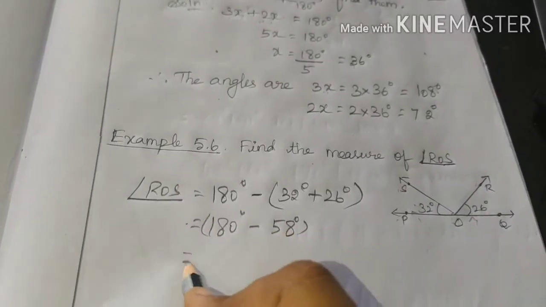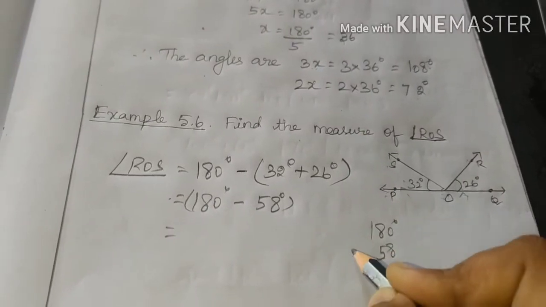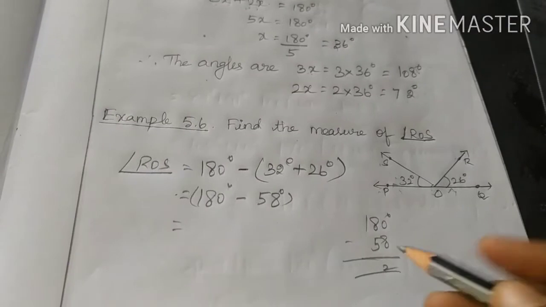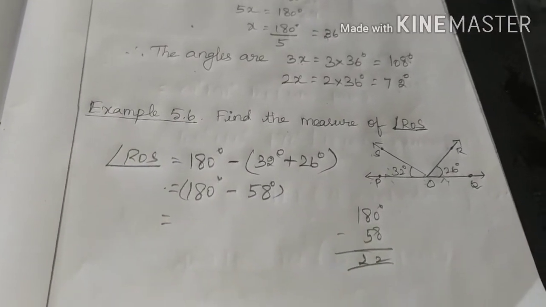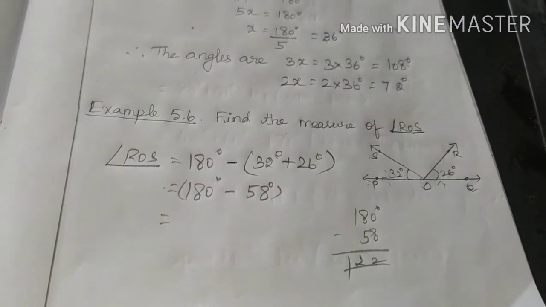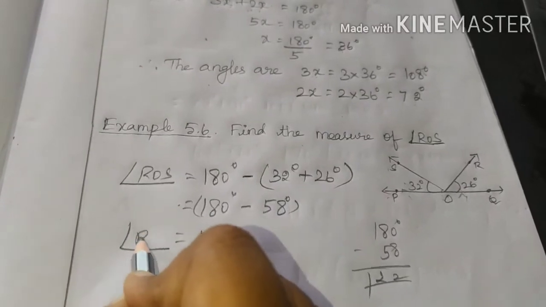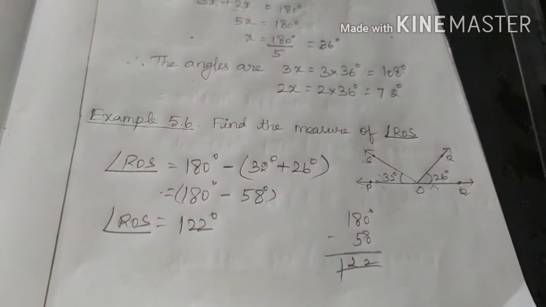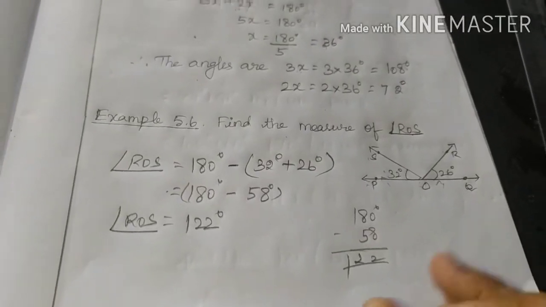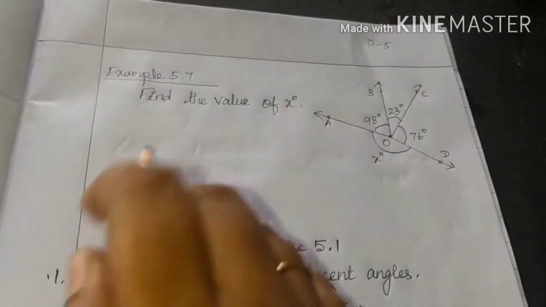So 180 degree minus 58 degree, what will I get? 180 minus 58, so 2 I will get. 7 minus 5 is 2 again. 122 degree is the answer for ROS. Are you clear, children? Very much simple. Next we will move on to the next sum.